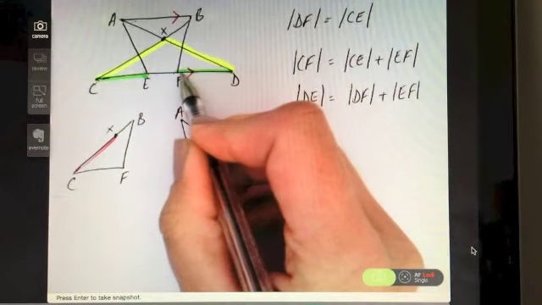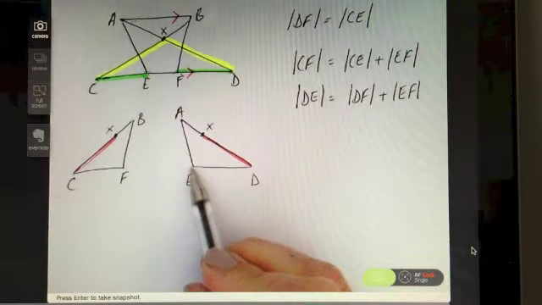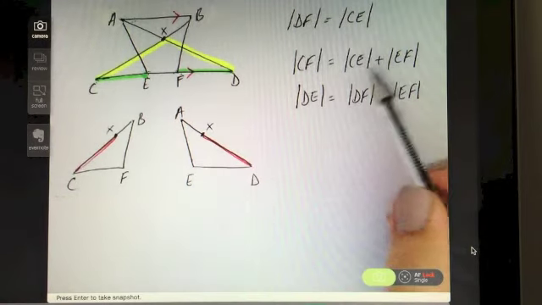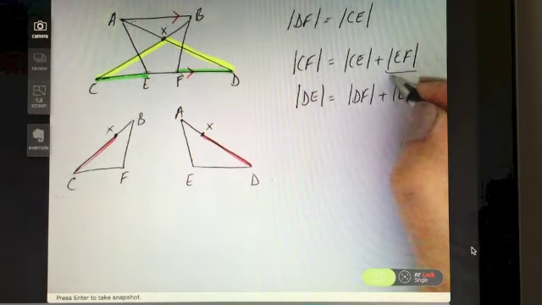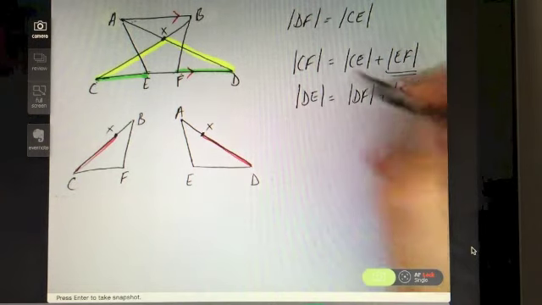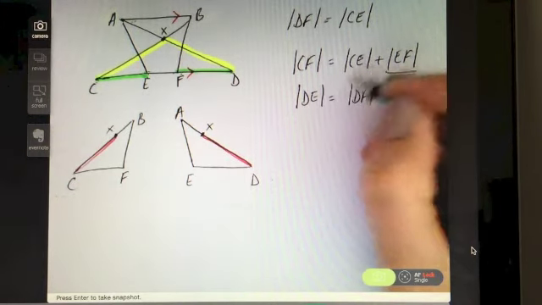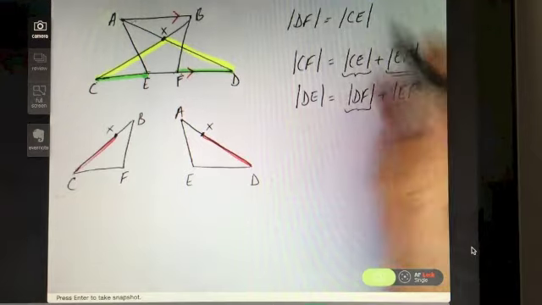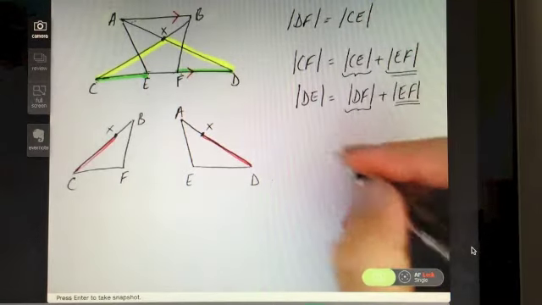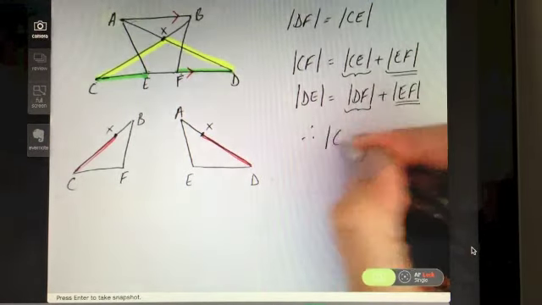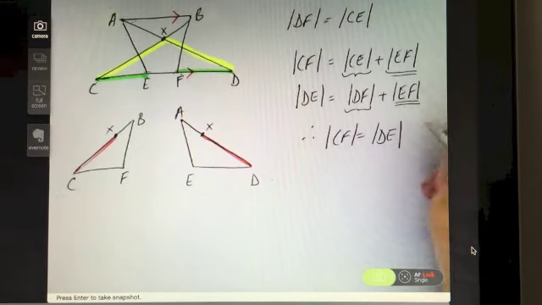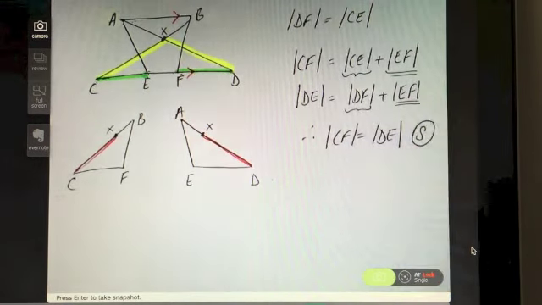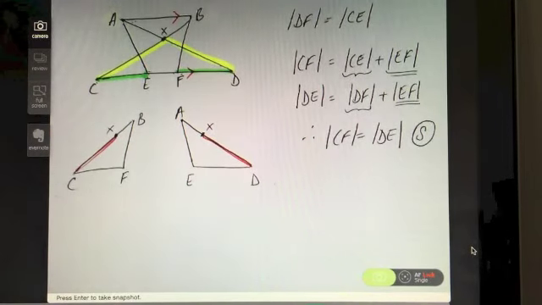So DF and EF would give you the full length ED. So analysing these two, since obviously these are the very same, and these are the very same because we know that these two are also equal, we can deduce then that CF is in fact equal to DE. So we have a side length equal.